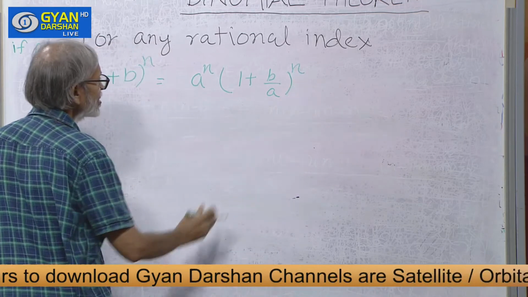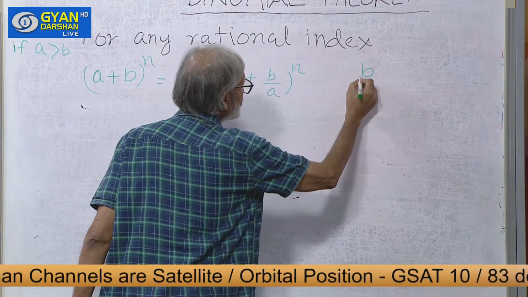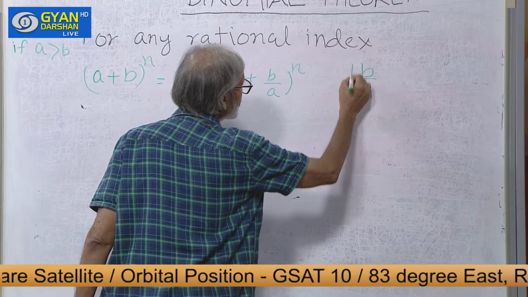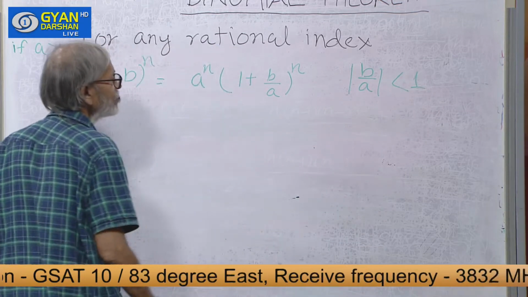So, in that case B/A will be less than 1, isn't it?